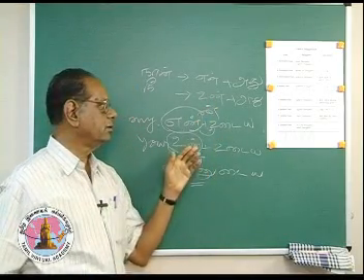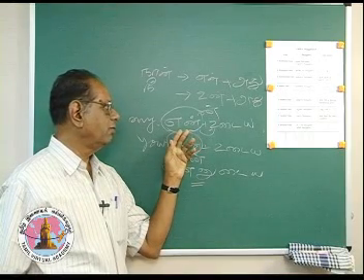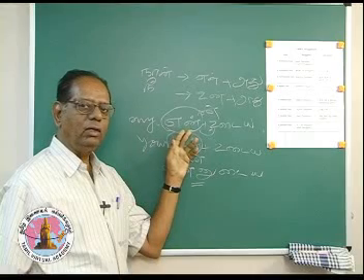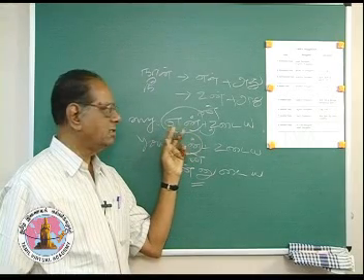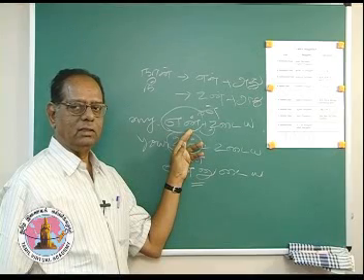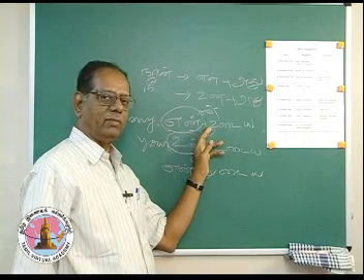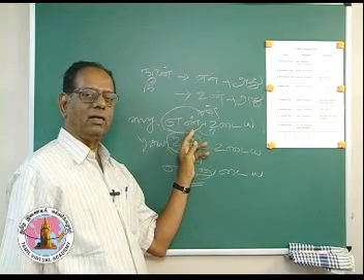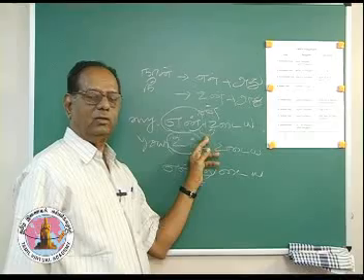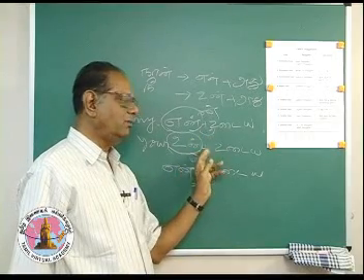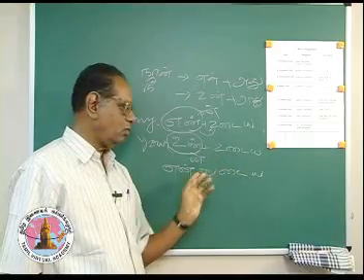I repeat, in a word where you have only two letters, the first being a short vowel and the second being a consonant, and the oncoming word has a vowel as the first letter, then the last letter or the consonant of the first word gets doubled. So it becomes en plus n plus udaya, ennudaya, un plus n plus udaya, unnudaya.